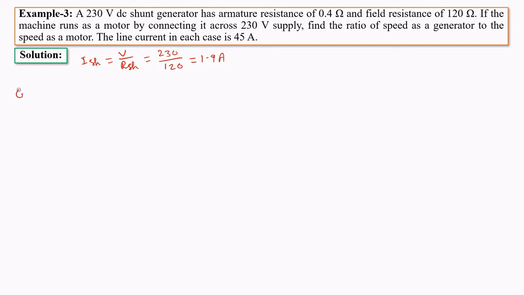Now when the machine is working as a generator, in this case the line current or the load current is 45 ampere. Therefore, for a generator, the armature current is the sum of the load current and the field winding current. So it would be 45 plus 1.9, that will be 46.9 ampere.